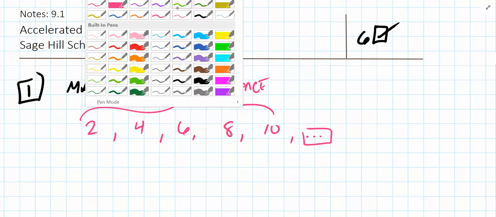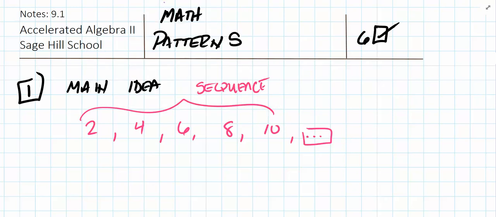So in a sequence, we have to have a way of identifying elements in the sequence. What I mean by that is the number 2 is an element of the sequence, the number 4 is an element, the number 6 is an element, 8, and so on. These are all elements of the sequence. What's a name for them?